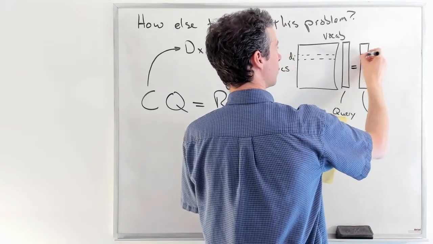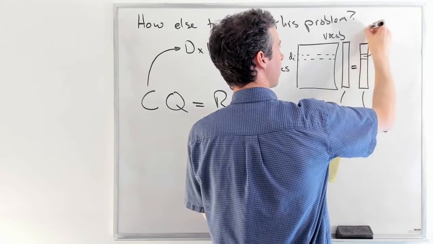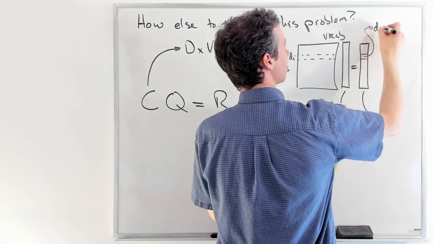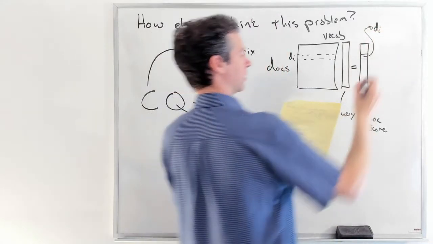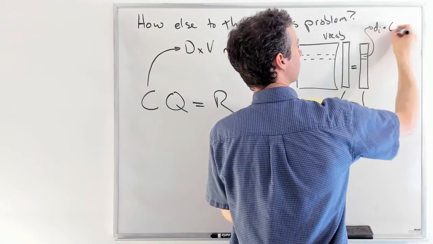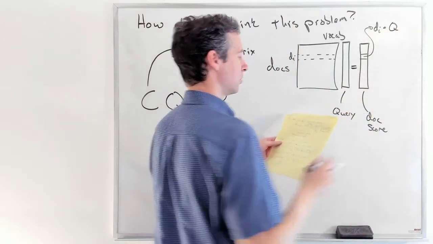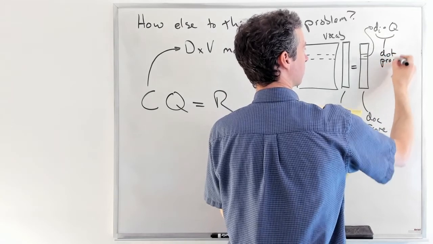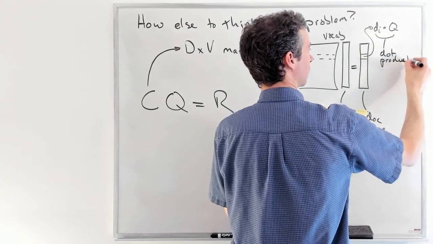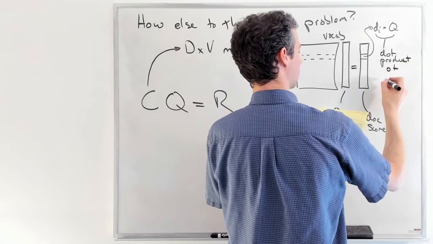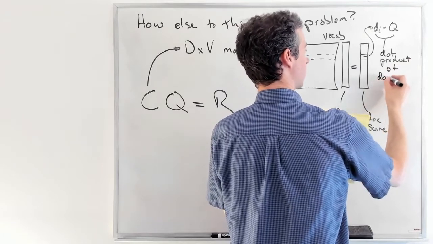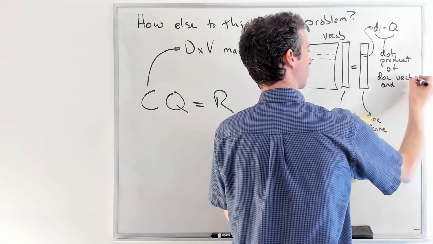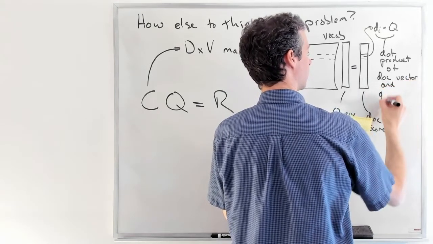An individual cell of that vector is, as I just said, the document I dot product with the vector Q. So the dot product of the document vector and the query vector.